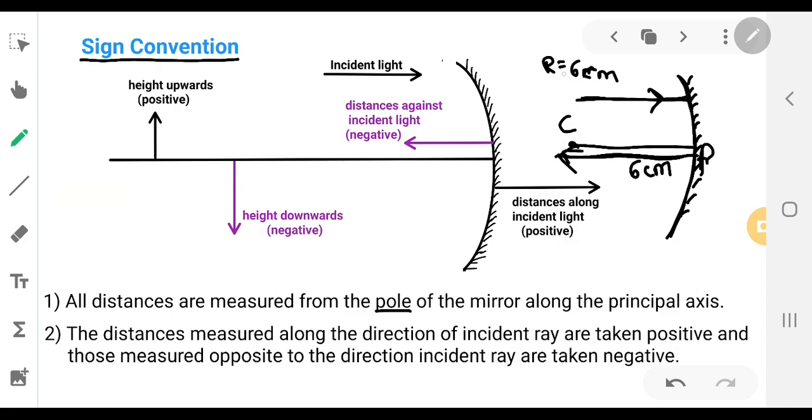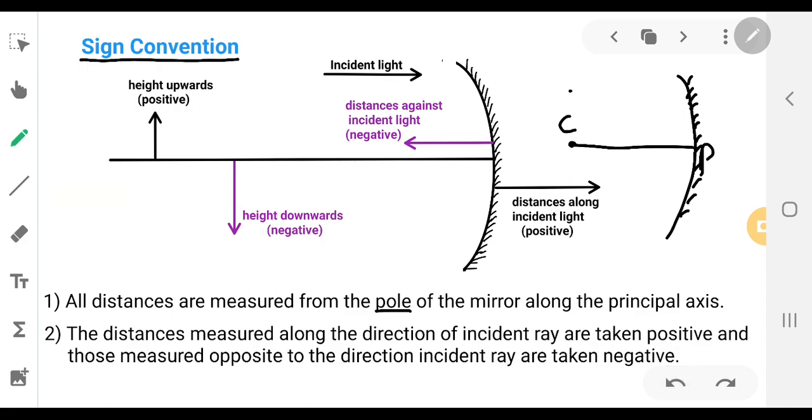So radius of curvature is minus 6 centimeter, because the distance from pole to center of curvature is the radius, and its value is 6 centimeter. As we are taking the measurement opposite to the incident ray, the sign convention is negative.